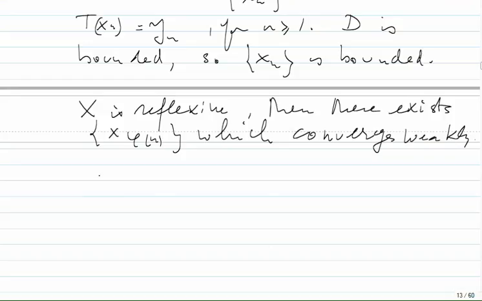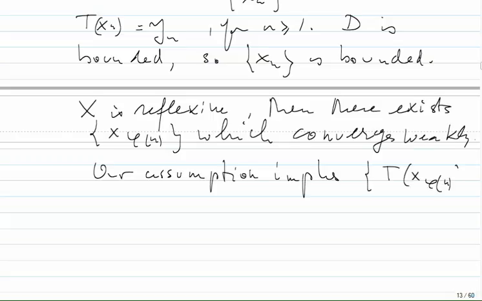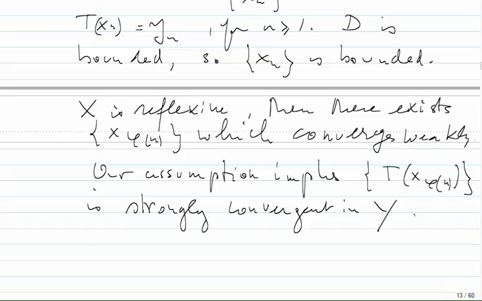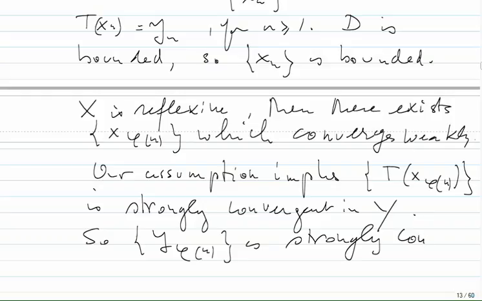So now our assumption comes in. Our assumption implies that T(x_phi(n)) is strongly convergent in Y, meaning y_phi(n) is strongly convergent in Y. And that's what we wanted.